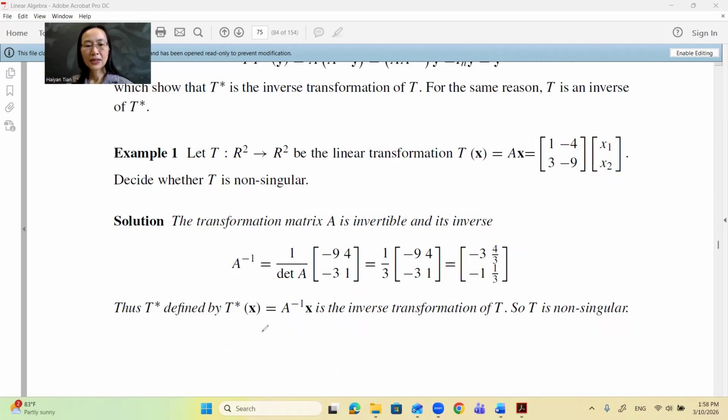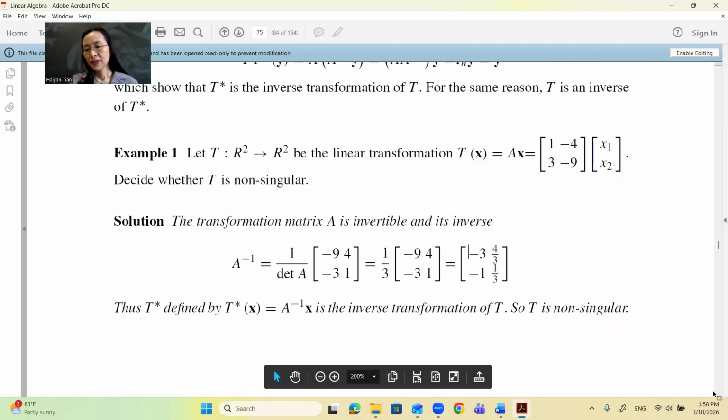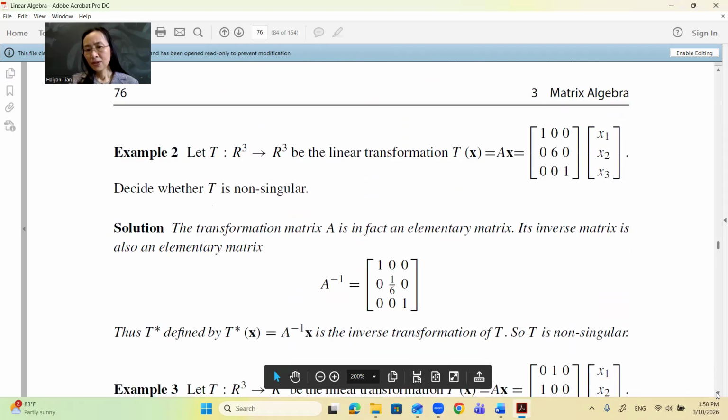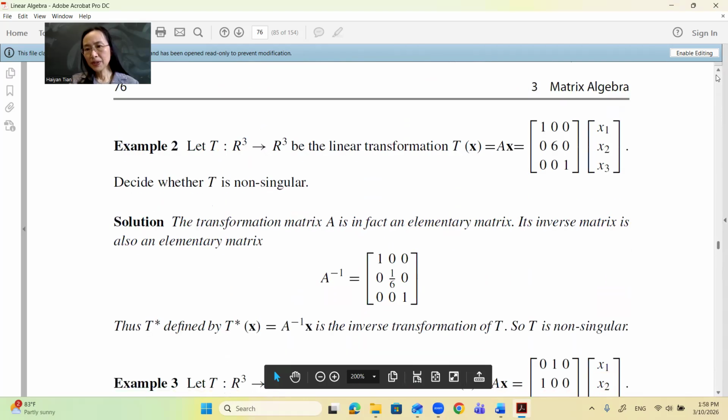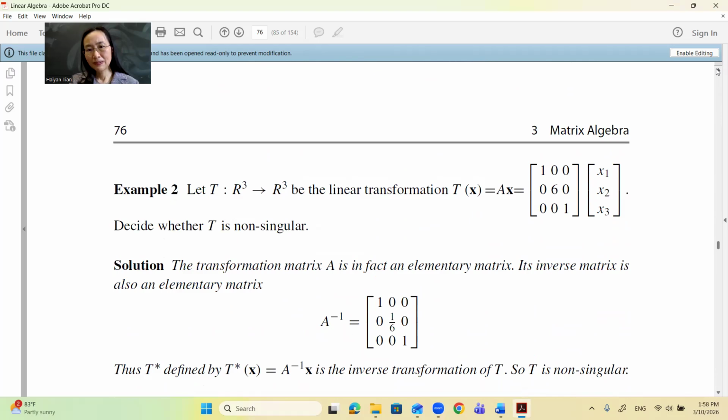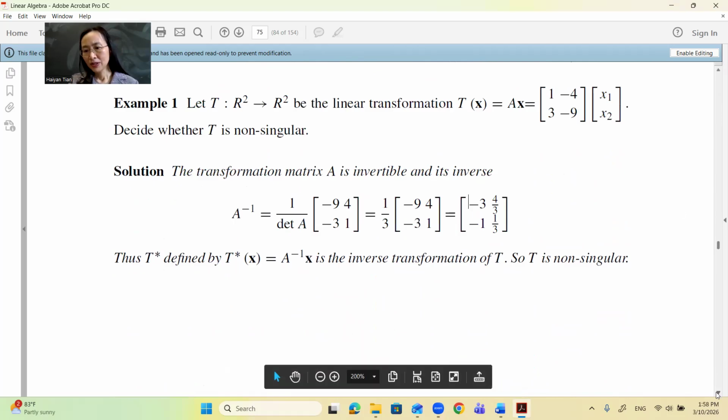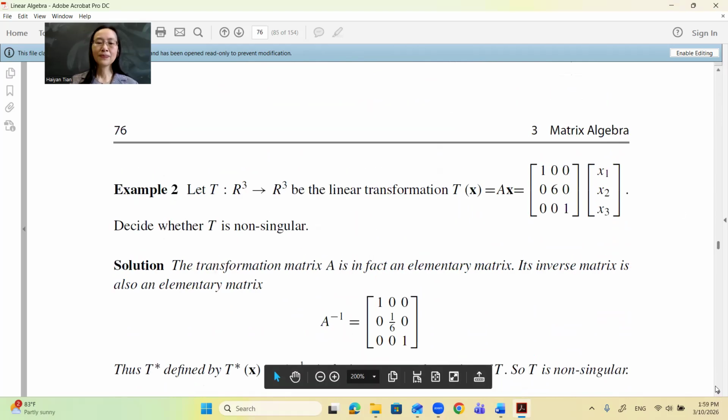It is simply this one. That means the inverse transformation is simply defined by the inverse of the transformation matrix, which is this one we just found. So to decide an inverse transformation, it's a matter of deciding whether the matrix has an inverse.